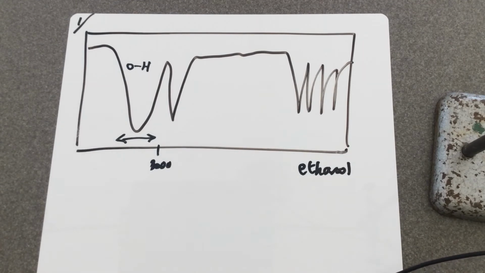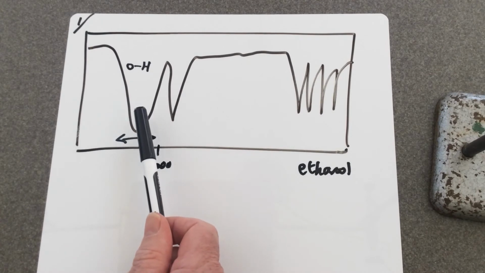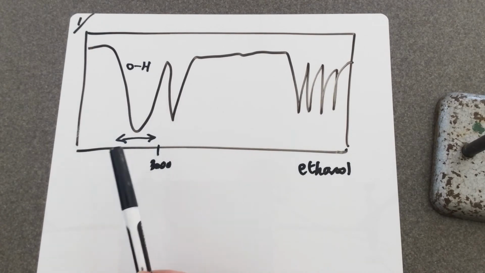Now, because I'm talking about an alcohol, the position of the OH absorbance in an alcohol will be slightly different to the OH absorbance in a carboxylic acid. And you can use your data sheet to see what those differences are.